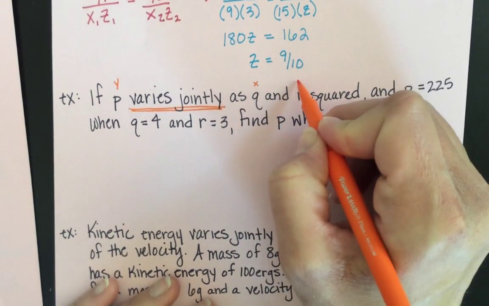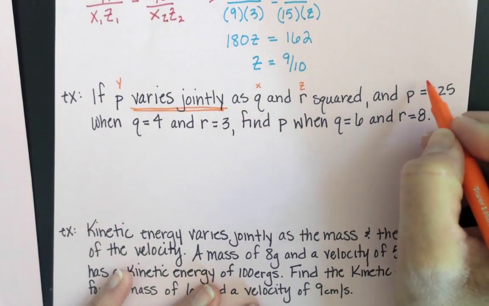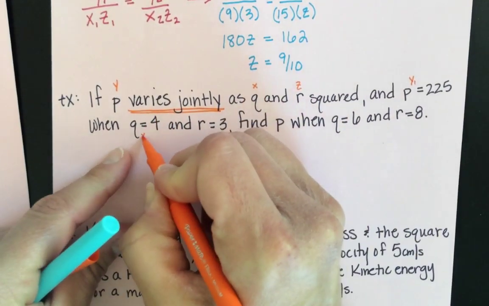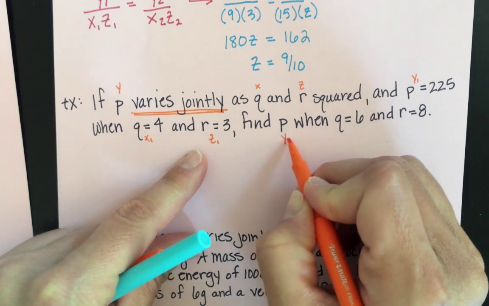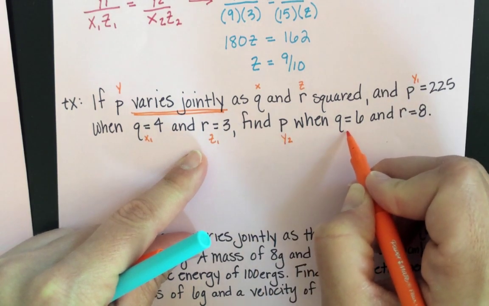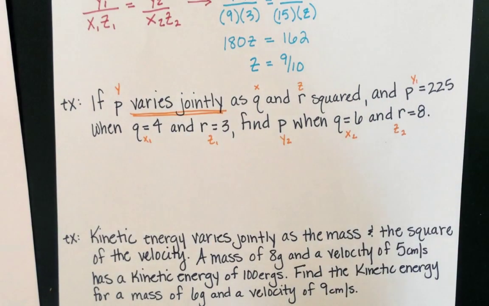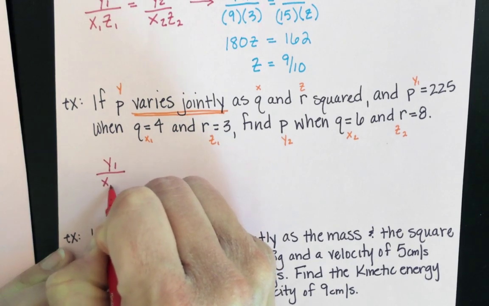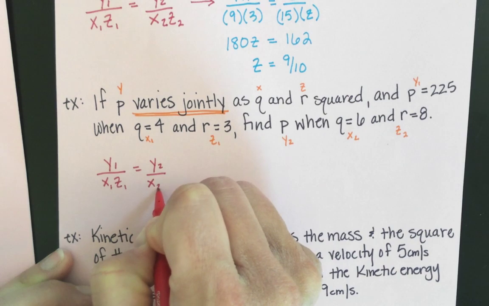After it is X and Z. In the hypothesis, P is Y, so here's Y1. Q is X, so here's X1. Here is Z1. Here's Y2. Here is X2. Here is Z2. Y1 over X1, Z1, Y2 over X2, Z2.